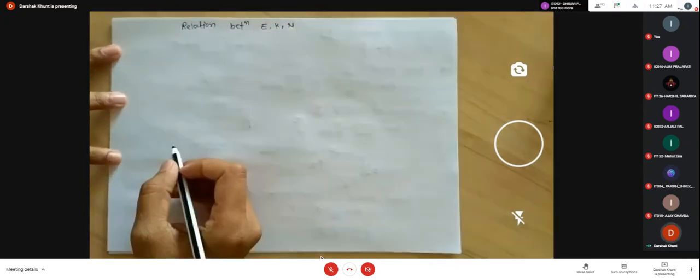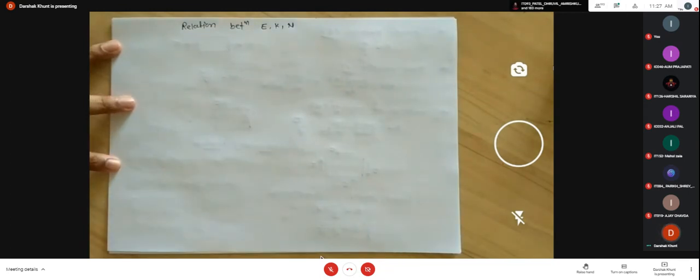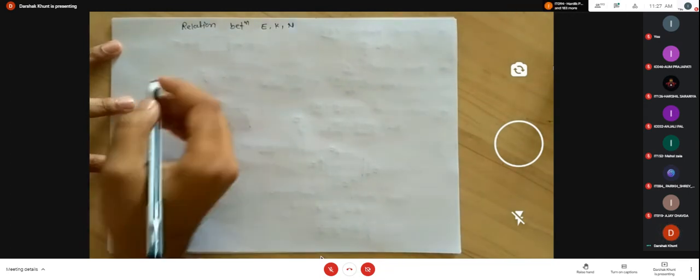So, relations between the Young's modulus E, bulk modulus K, and shear modulus N. Okay.